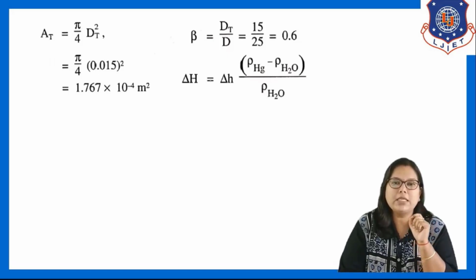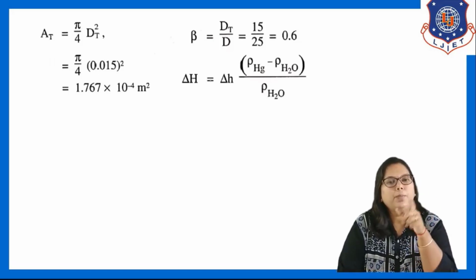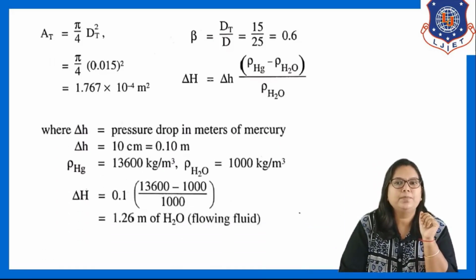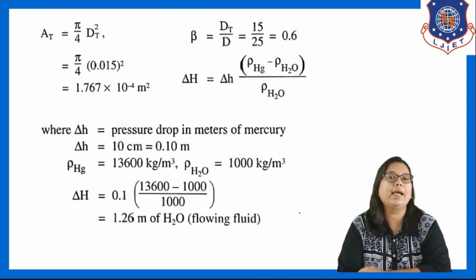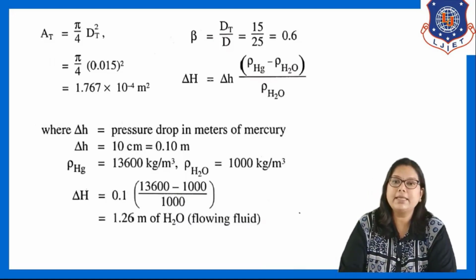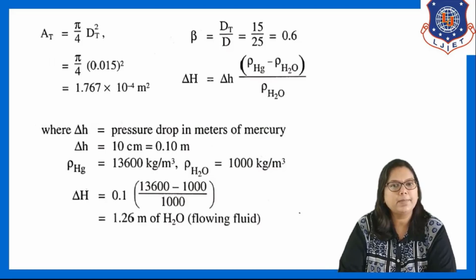So rho Hg minus rho H2O divided by rho H2O. Small delta h is given 10 centimeter, which is equal to 0.10 meter.